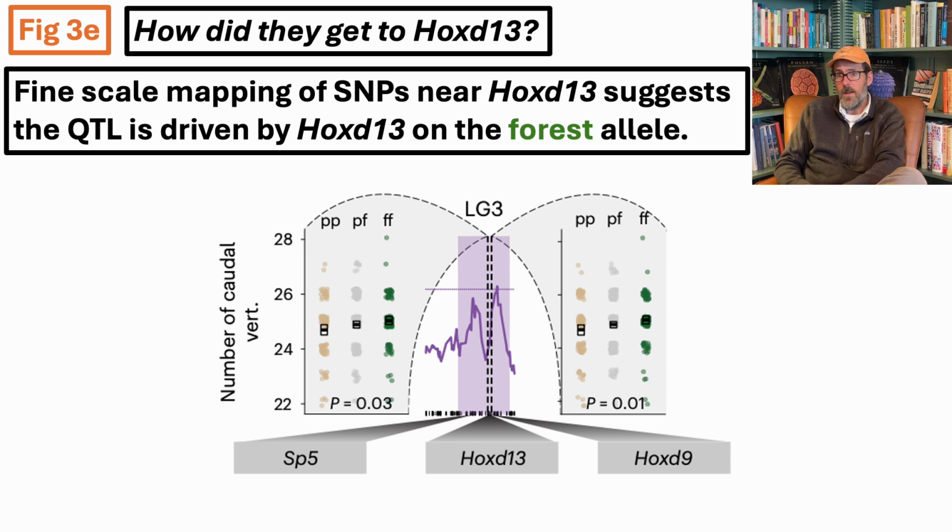Note that SP5 and HOXD9 are close by on chromosome 8, but that's not what they're studying in the graph above. What they're studying is the SNPs. In a way, I could have just blocked out SP5 and HOXD9. I probably should have, just to make it more clear.